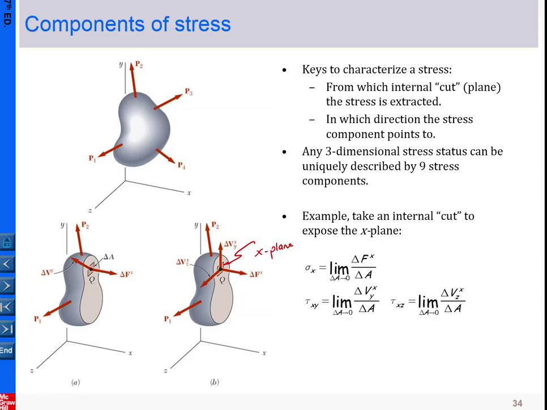We give it the name x plane, and in the x plane, under the symbols, we could have forces in 3 directions.